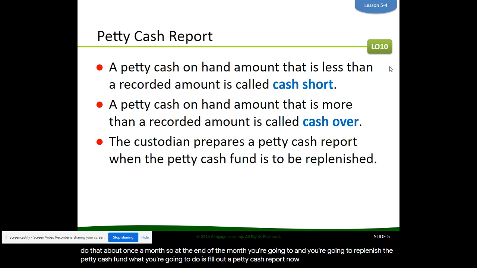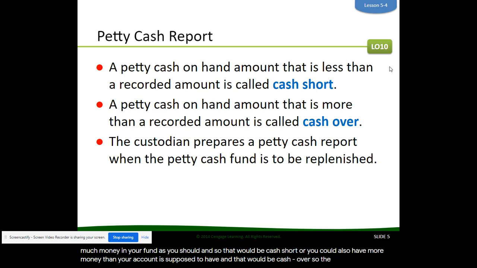Now, sometimes you do not have as much money in your fund as you should, and that would be cash short. Or you could also have more money than your account is supposed to have, and that would be cash over.